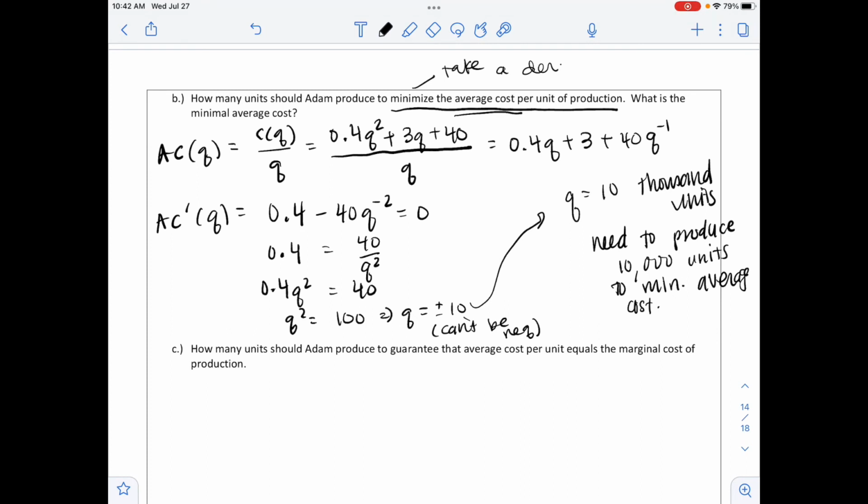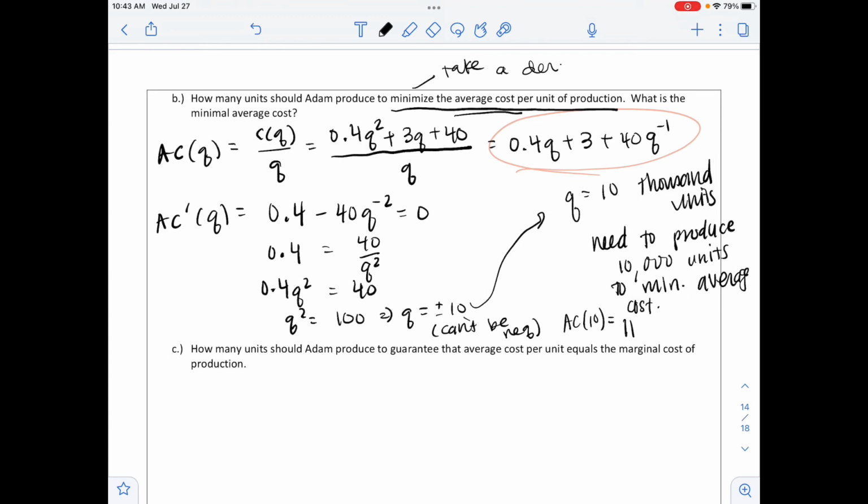It does also ask what the minimal average cost is, and in order to find that, we're going to substitute 10 back into our average cost function, which I'll circle up above. Substituting that in, we arrive at an answer of 11. Our average cost is cost divided by the quantity. So we have this as 11.